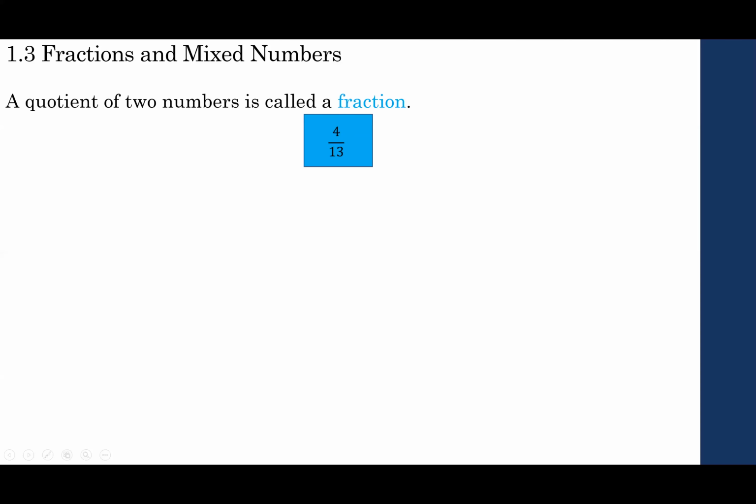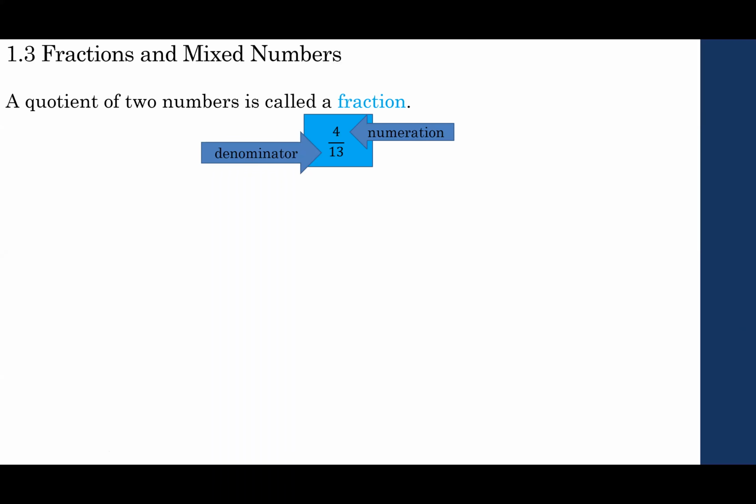So let's take a look at this. We know that a rational number is a fraction, so 4 over 13 is a rational number, right? The 4 we call the numerator, and the 13 we call the denominator, right? So it's just a fraction form.